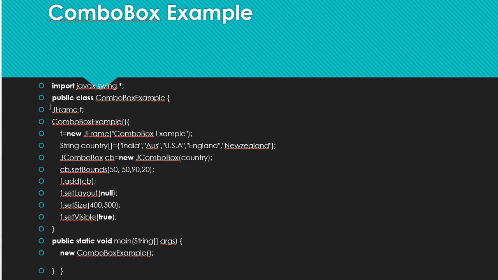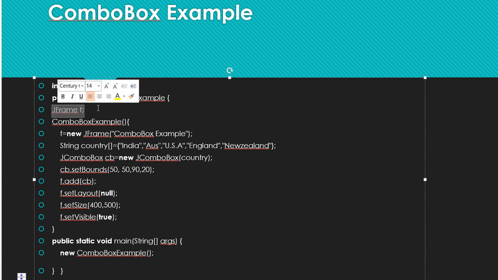I am creating an instance of a frame, that is JFrame f. Here f is the instance of type frame. If you want, you can write extends JFrame. That is also okay to create a frame, but first you need to create a frame.